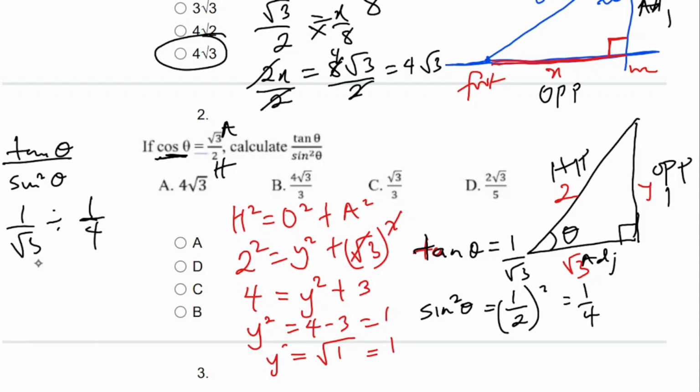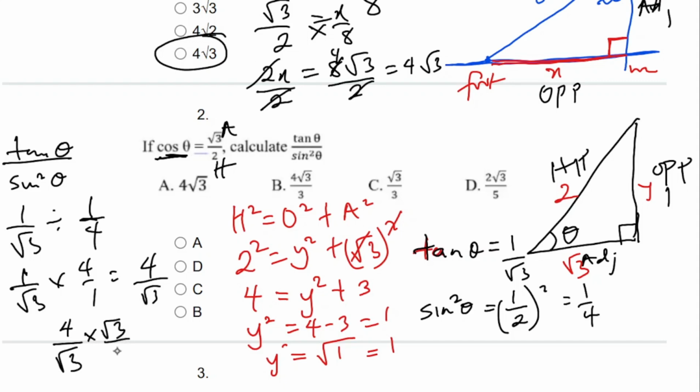That means 1 over root 3 times 4 over 1, which is 4 over root 3. We can't leave our answer like this, so we have to rationalize. That's going to be 4 over root 3 times root 3 over root 3. So this is going to give us 4 root 3 over 3, which is option B here.